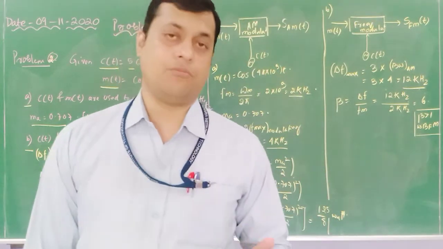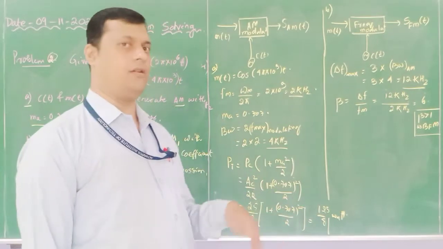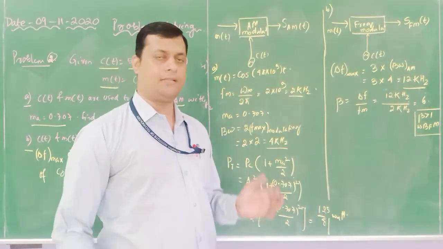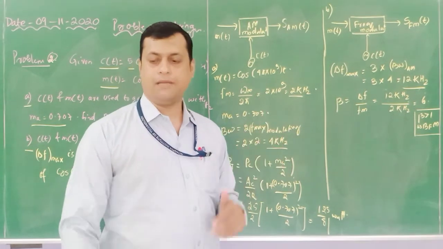When we write the WBFM signal, we include the Bessel functions. That I have also discussed in the last class, as well as the frequency spectrum for the WBFM signal.